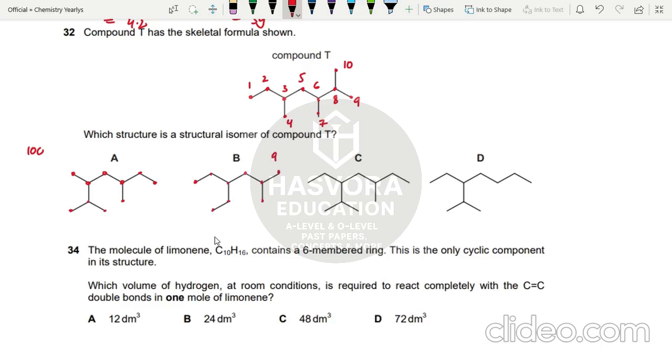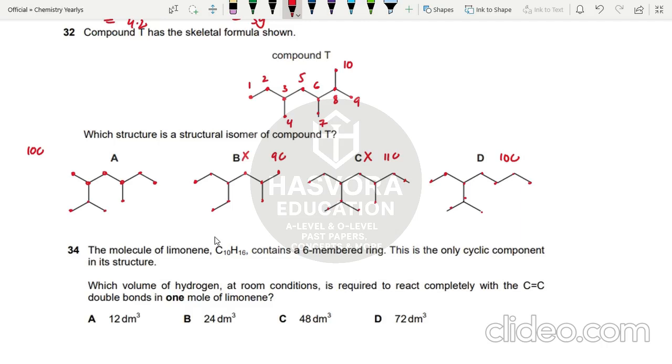This has 9 carbons. This can't be correct. Now C is 1, 2, 3, 4, 5, 6, 7, 8, 9, 10, 11. This has 11 carbons. This can't be correct either. Now the last one is 1, 2, 3, 4, 5, 6, 7, 8, 9, 10. So this also has 10 carbons. This can be correct. Now we have to scrutinize between A and D.